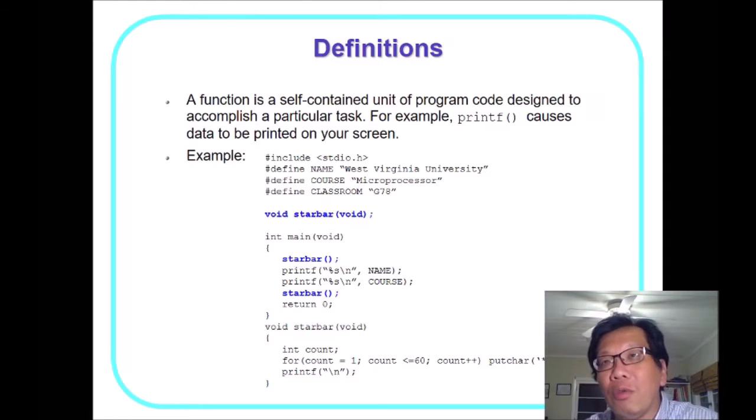So functions, we talked about that in the earlier video. It means that if we have a repeated part, if we need to execute a certain part of a code many times, you can type that in your main program many times, but it's not efficient.